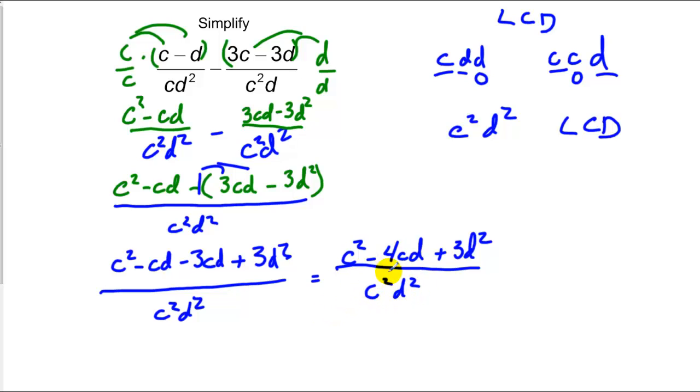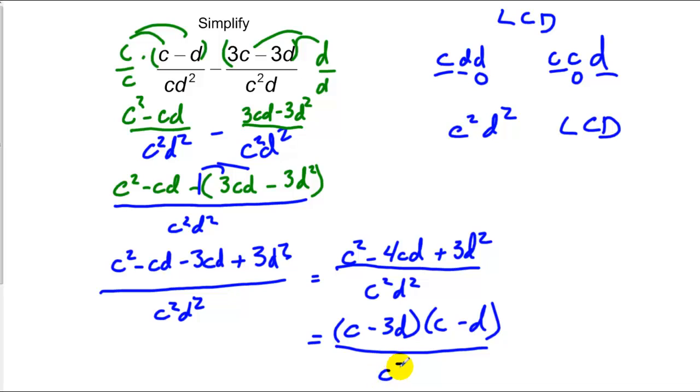Now, this, you'll notice, is a trinomial, and I also noticed that there's something that multiplies to a positive 3 but adds to a negative 4. This can factor. So if I say that's C minus 3D and C minus D over C squared D squared, now I have all the possible factors that are left, but I notice there are no common factors in the numerator and denominator, so no more reducing can take place.